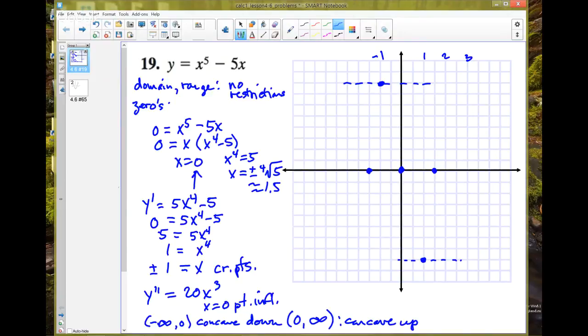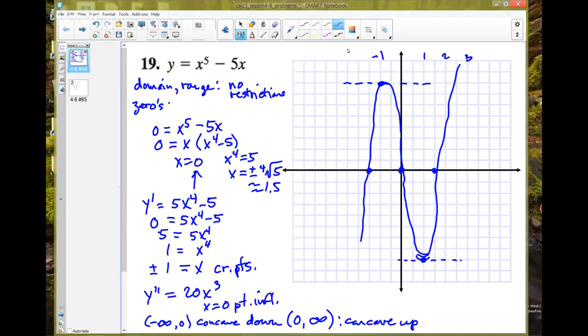Doesn't that pretty much nail it down? Concave down, point of inflection, starting to change to concave up. We pretty much have the idea of what this should look like.